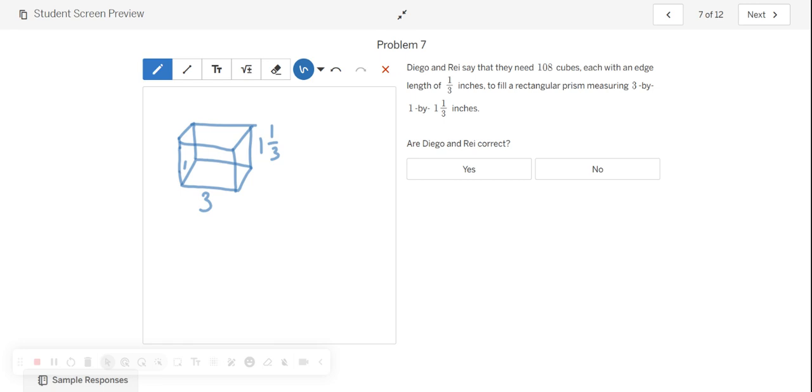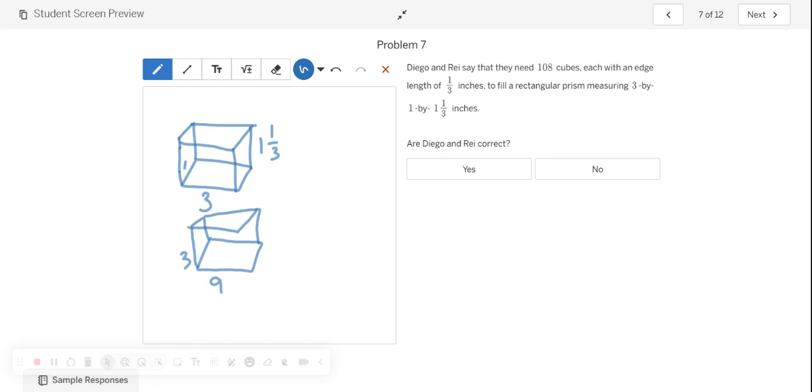And so to find the volume of this thing, there again are two ways to do it. 1/3 inch cubes means the same thing. If you have 3 inches, that would be 9 of those little cubes. You have 1 inch, that would be 3 of those little cubes. That's the base.